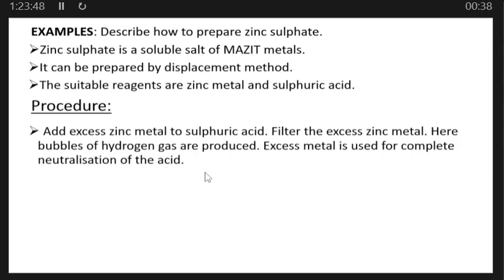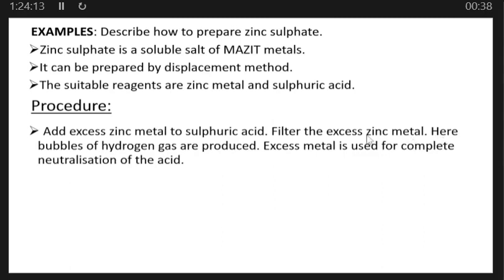So that zinc metal goes there to completely neutralize the acid to form the salt, because the salt that is formed must not be an acidic salt. Then we filter the excess zinc metal. It is the zinc metal that has not yet reacted.